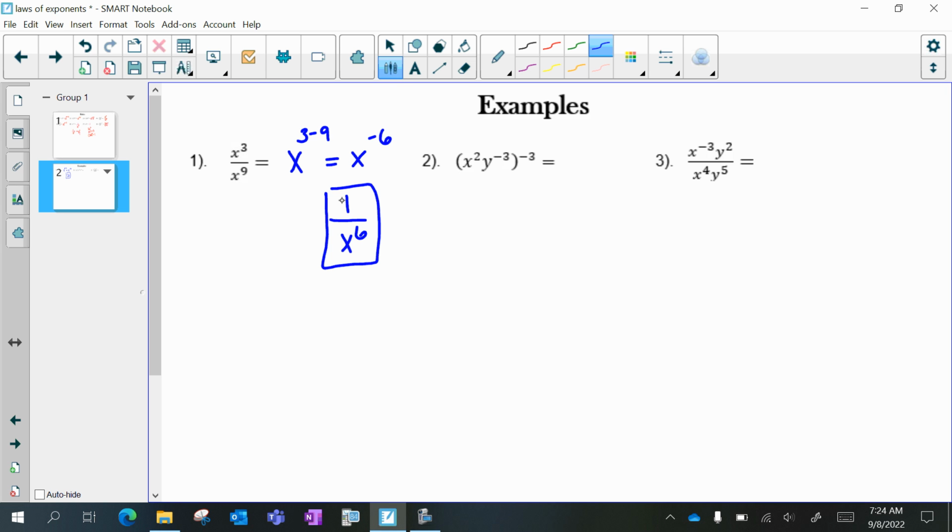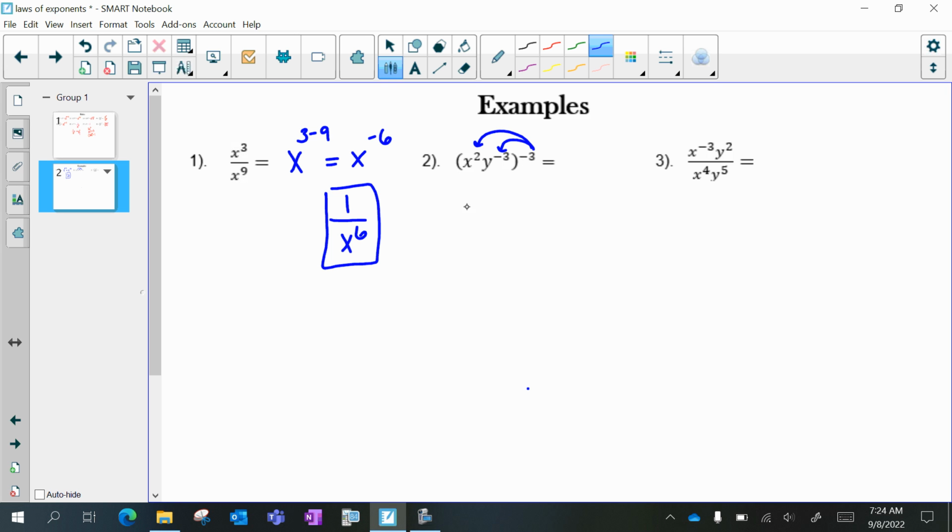Number two, I have a quantity inside of parentheses raised to a power. So a power to a power means to multiply. And I have two different bases inside that parentheses. So I am going to give that exponent to each base.